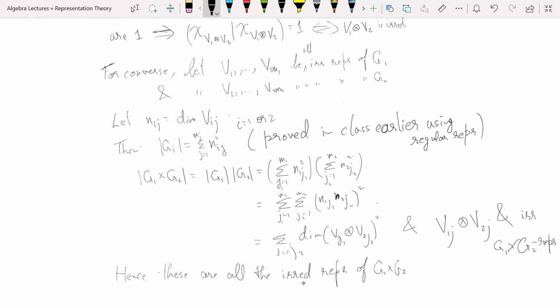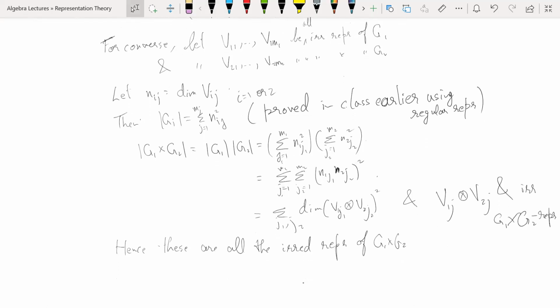So their squares add up to the size of G1 cross G2. So we conclude that these are all the irreducible representations of G1 cross G2, and you can't get any more. That completes the proof.